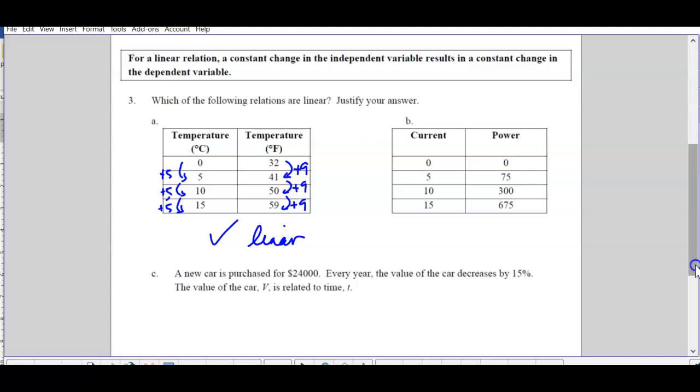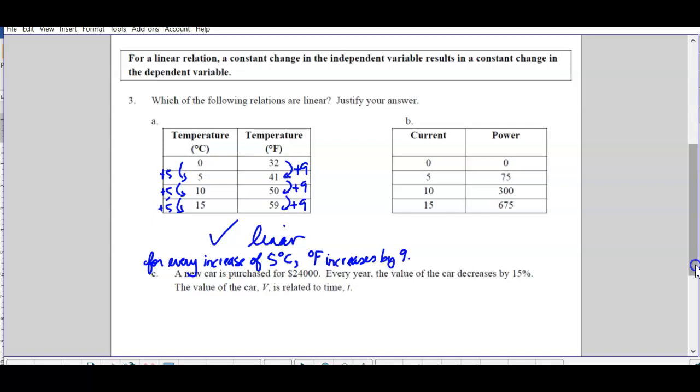Okay, so for every increase of 5 degrees Celsius in temperature, degrees Fahrenheit increases by 9.